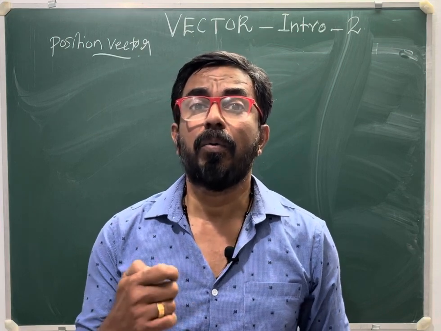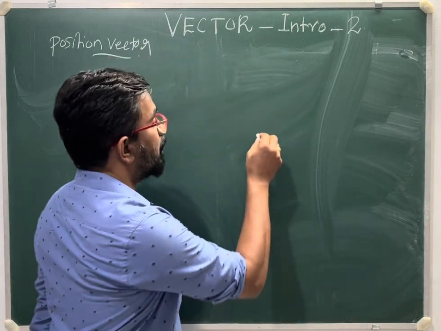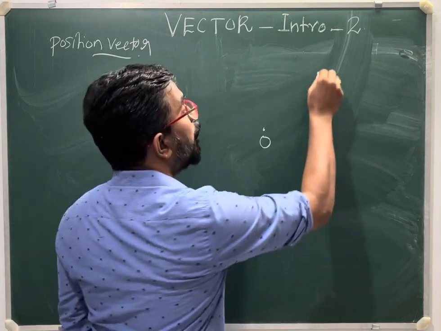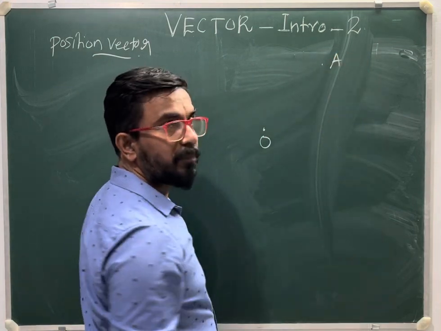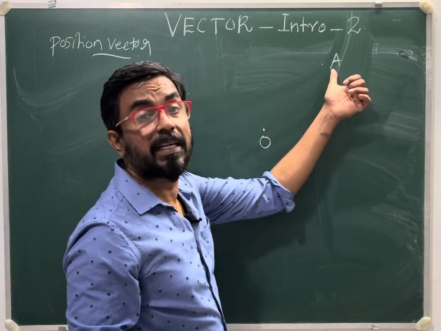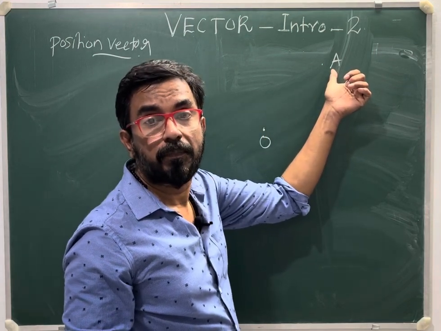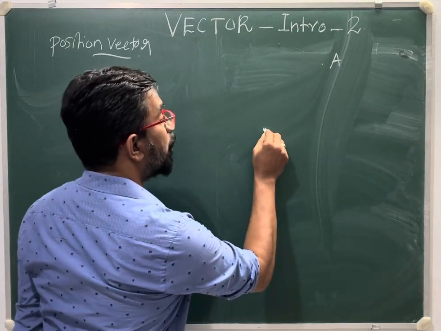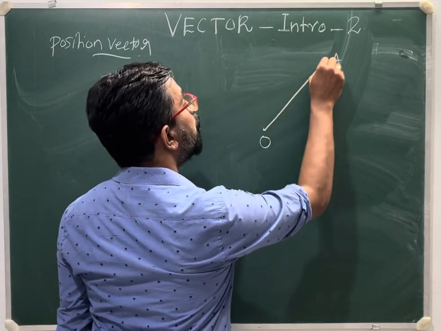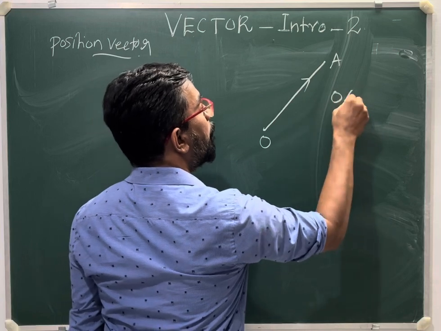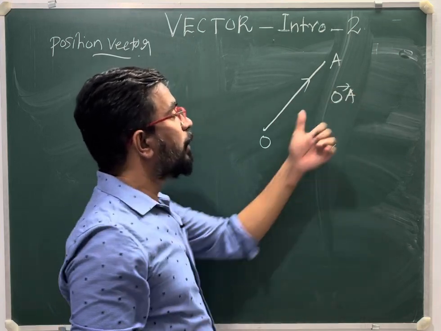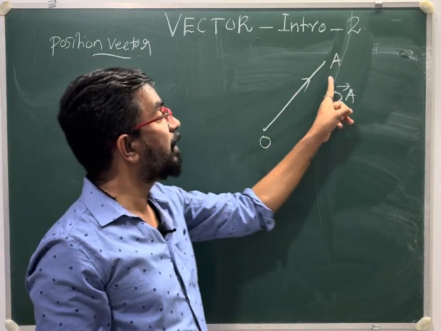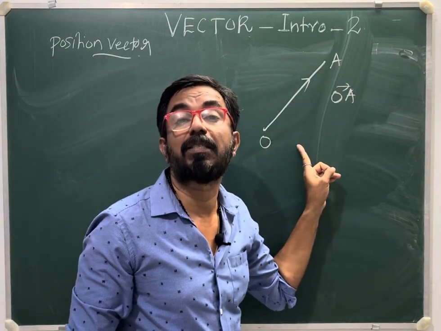Now if O is fixed, let me draw it here, O. I have a point here, A. O is the origin, A is any point. Now I will say what a position vector is. The vector drawn from O to A, OA, is called the position vector of A. The position vector of A is nothing but the vector that starts from the origin.